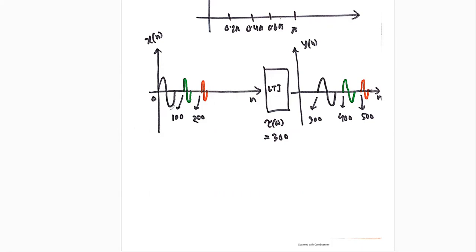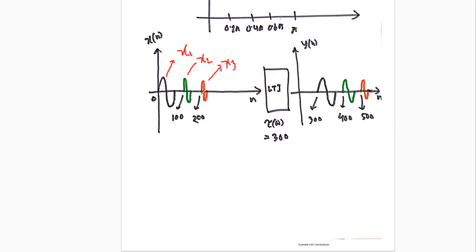And this first signal, let's say this is x1n, starts with the 0th sample. And this is x2, it starts at the 100th sample. And this is x3, it starts at the 200th sample.